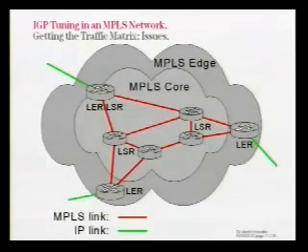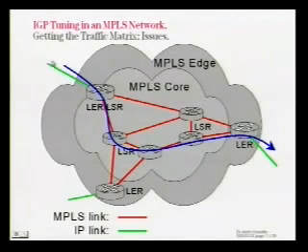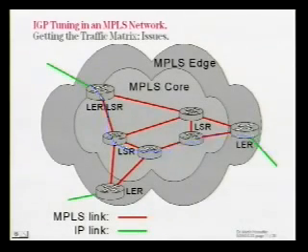Let me try to visualize. Again, we have the MPLS design, and let's say we are looking at traffic that goes from this LER on that path to that LER. Because, let's say this is a Cisco router, it does not count the packets coming in on the IP link. And so actually for our approach, it looks like the traffic was sourced here.